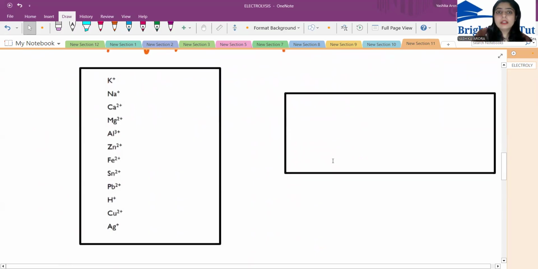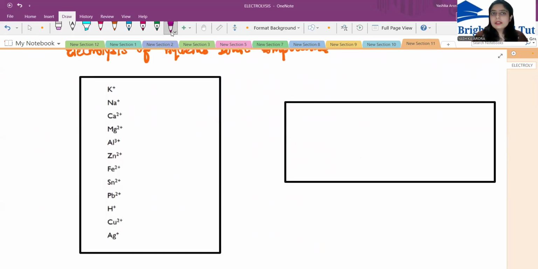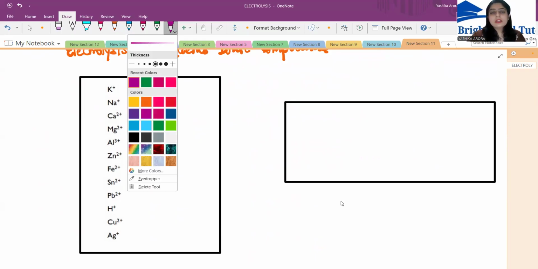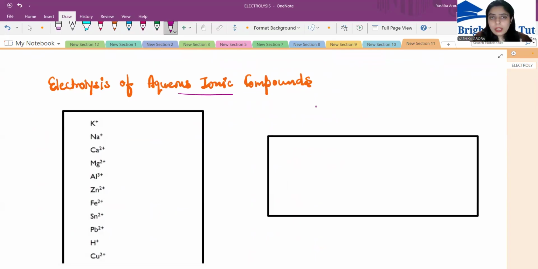For the ionic parts, you have to keep a few things in mind. Let's take the electrolysis of aqueous compounds, aqueous ionics. Aqueous ionics means we have an ionic compound dissolved in water, H2O.